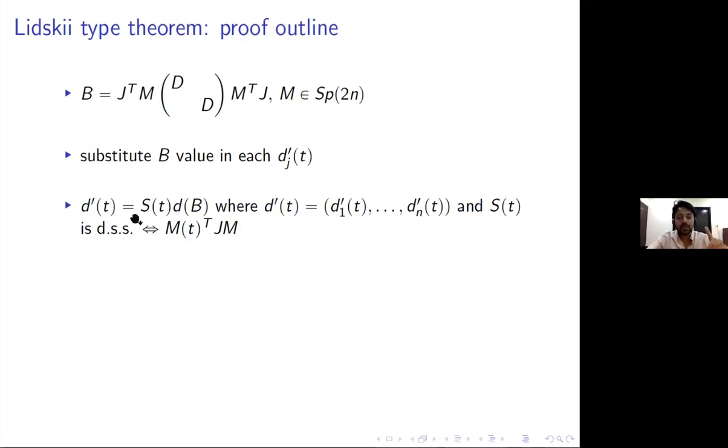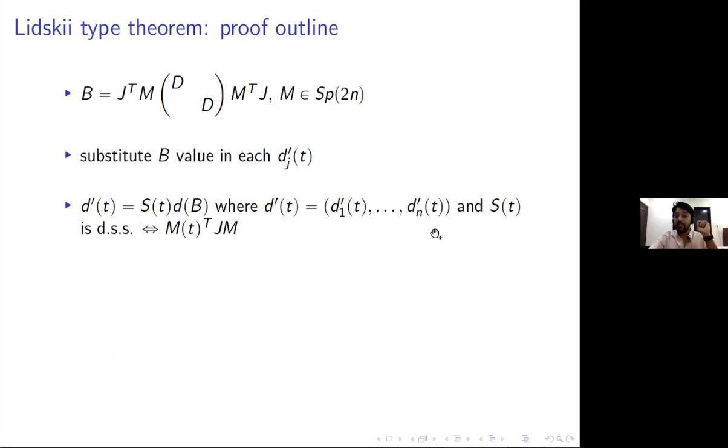The vector d prime(t) is equal to the product of the matrix S(t) with the vector d(B), where d(B) is the vector consisting of the symplectic eigenvalues of B, and d prime(t) is the vector whose jth component is d_j prime(t).